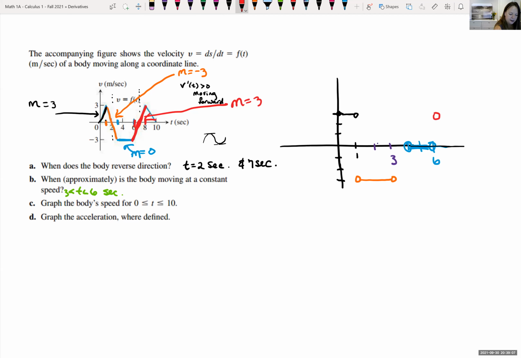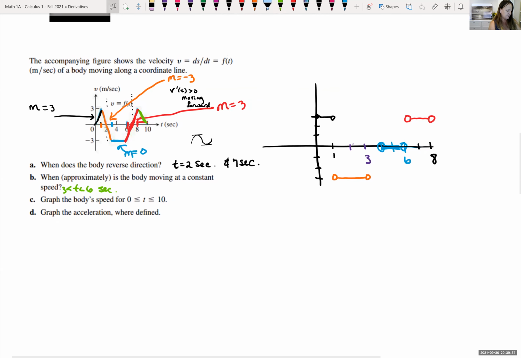And so I have from 6 to 8 a horizontal line. Another sharp corner, so the derivative doesn't exist. And then I'm decreasing at a rate from 8 to 10. I'm falling 3 and running over 2. So that is going to be 3/2.